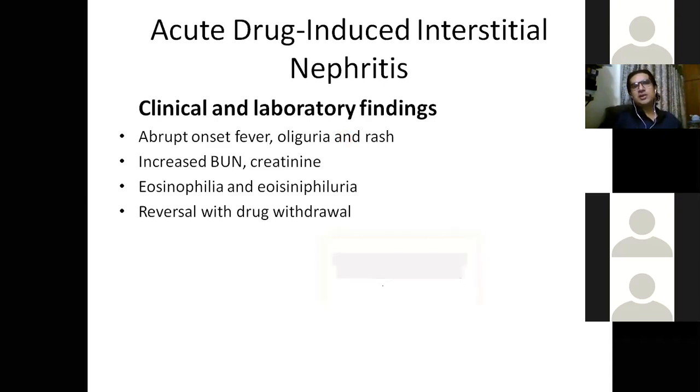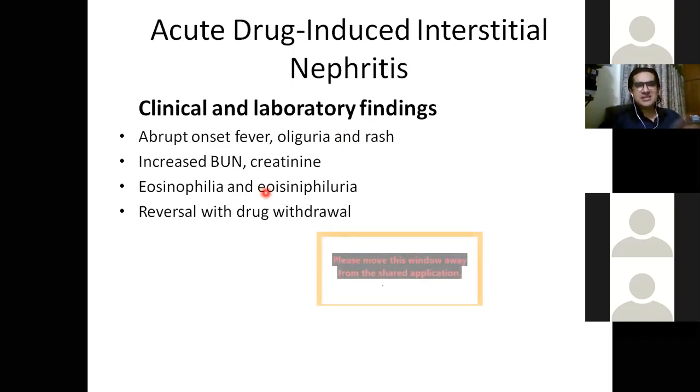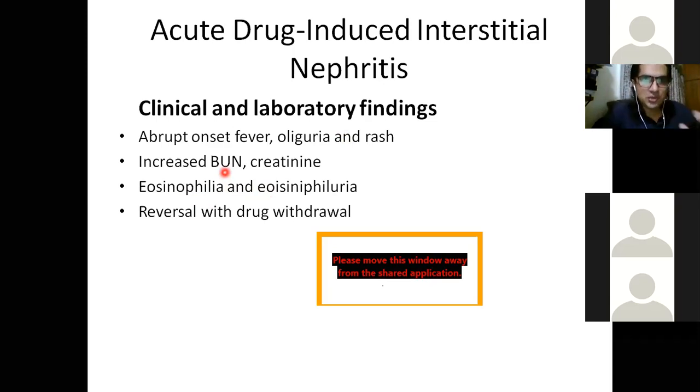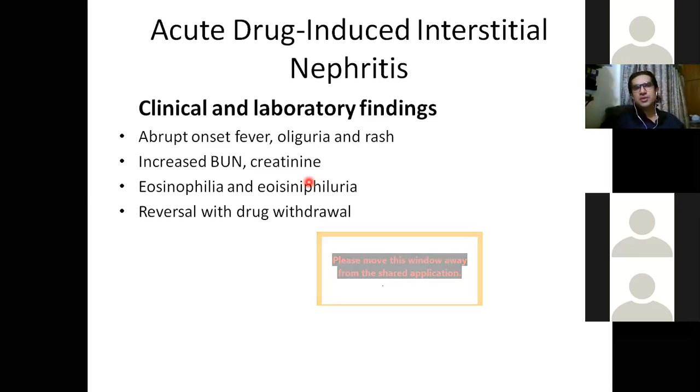So BUN creatinine would be high, so you will identify this as acute renal failure, and on TLC you will find more eosinophils, that is eosinophilia, right? And you will do a urine analysis, and on urine analysis you will find eosinophiluria, right? So fever, oliguria, rash, rise in BUN creatinine along with eosinophilia and eosinophiluria is very characteristic of acute drug-induced interstitial nephritis.